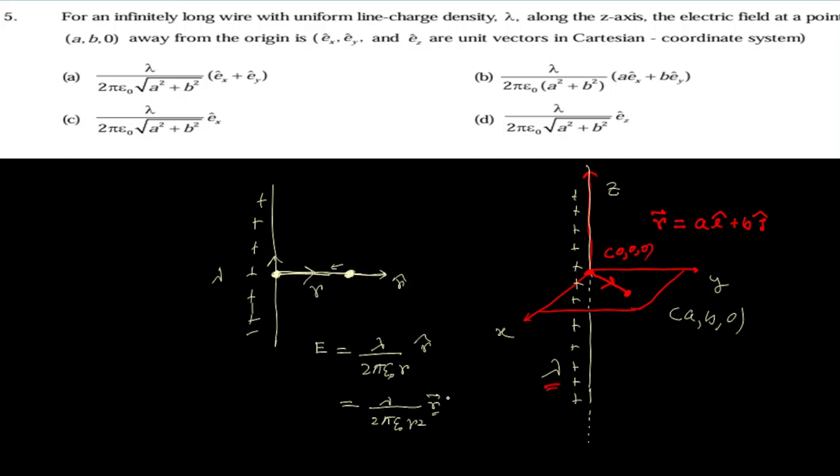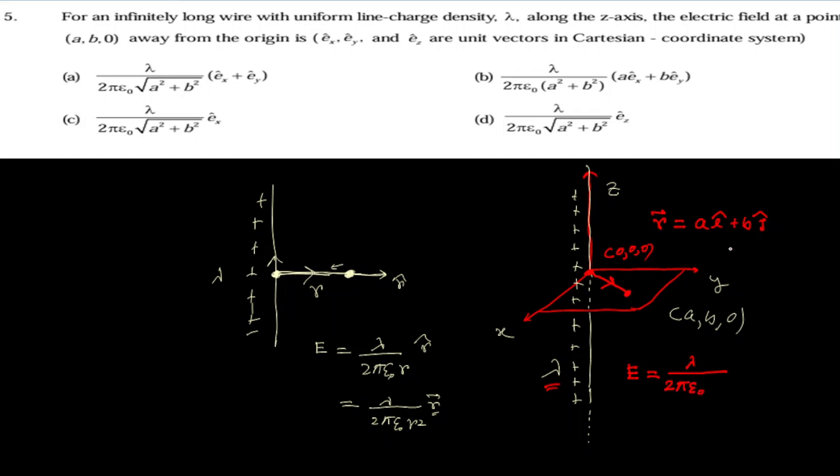So we know the r vector, and we know the charge per unit length lambda. What we have to do is put the value of this r in this equation. So what will be our net electric field in this case? E will be lambda divided by 2 pi epsilon naught.